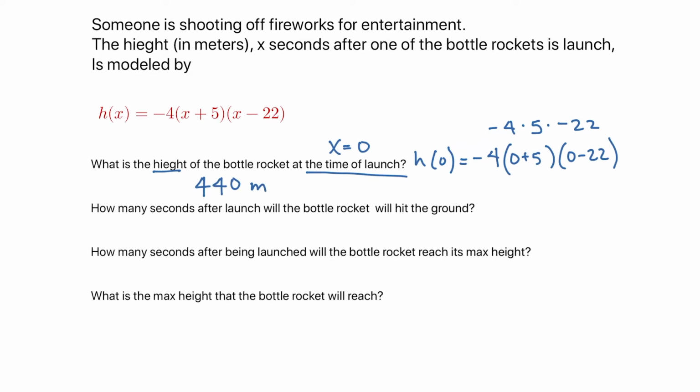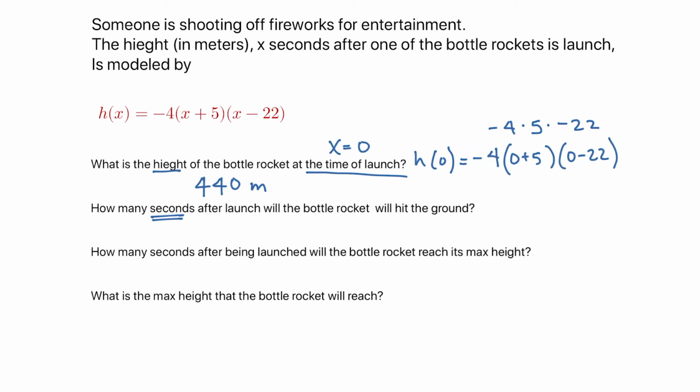Okay, so the next question: how many seconds after launch will the rocket hit the ground? I'm looking for how many seconds, so I'm going to be solving for x.